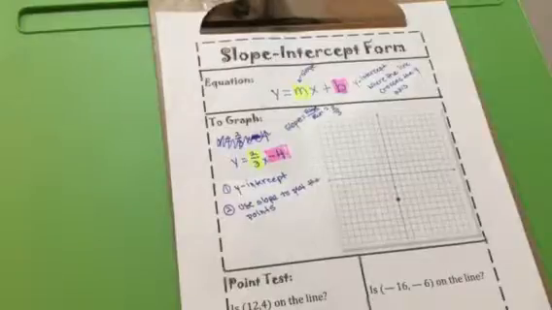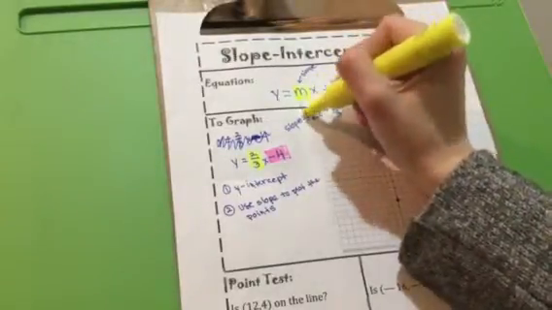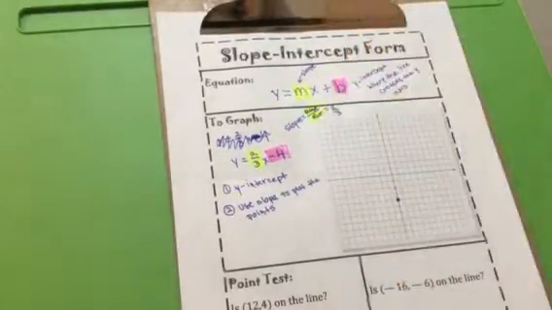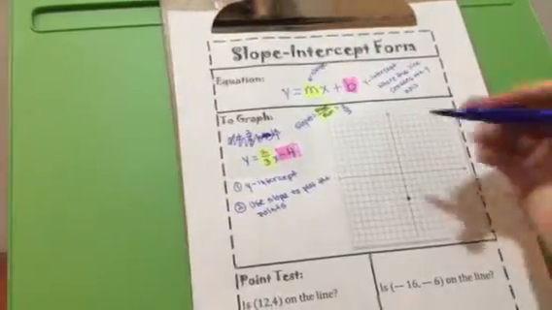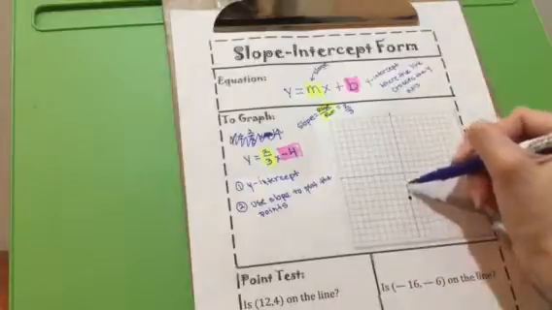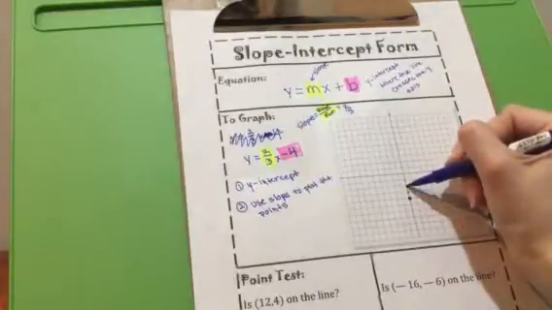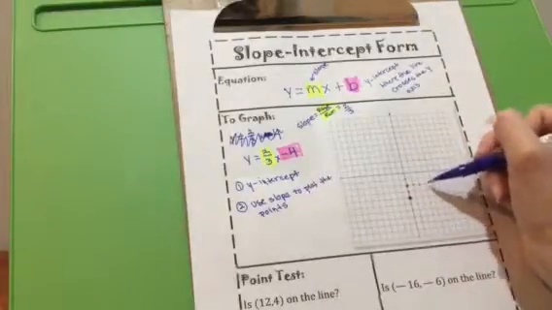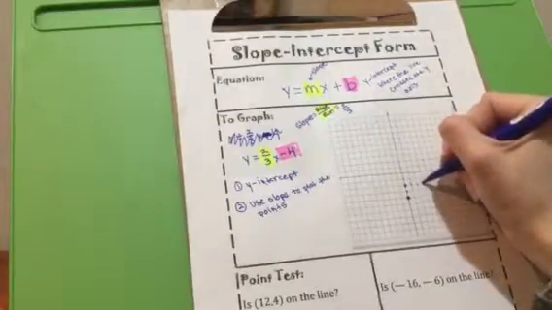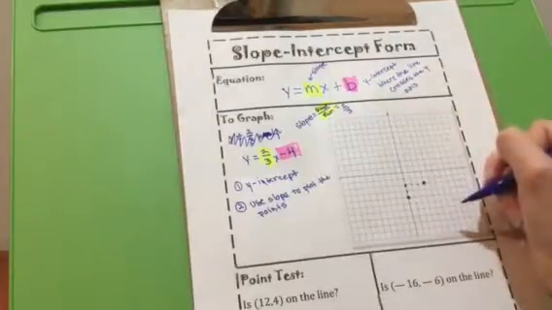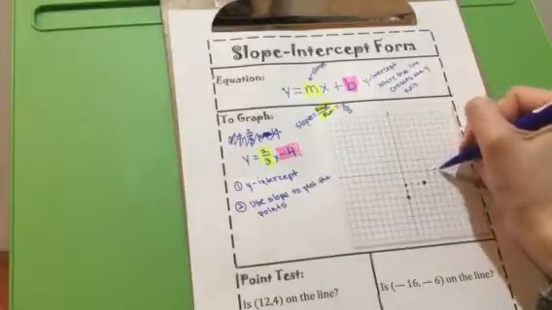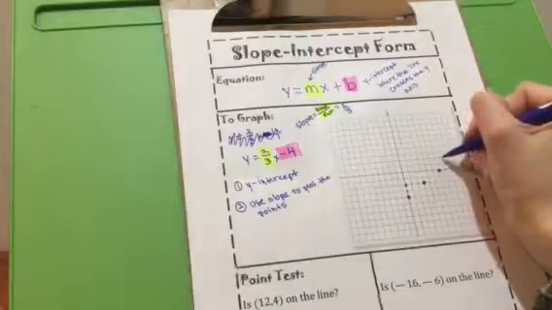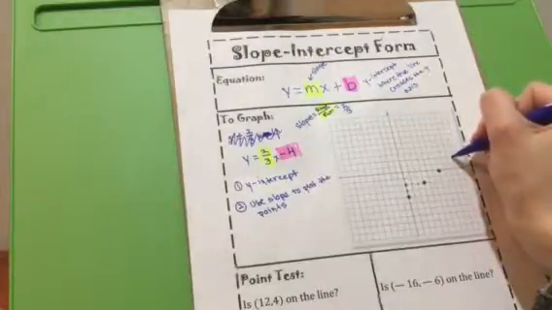So again, slope is the rise over the run. So 2/3. So that means first I need to go up 1, 2 from my y-intercept, and then over 3. 1, 2, 3. I'm going to put another nice big dot here. I can keep doing this. Up 2, over 1, 2, 3. Up 1, 2, over 1, 2, 3.